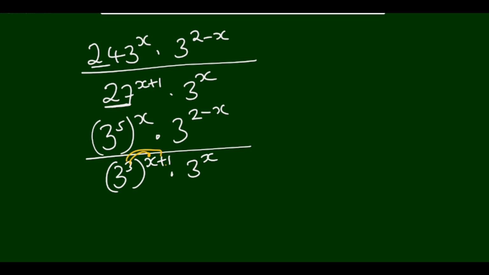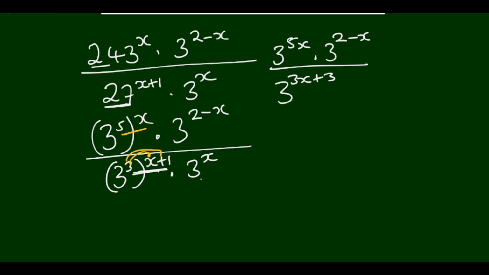So it becomes 3x plus 3. Right? This one becomes 3 to the power 5x there. So what we have? We have 3 to the power 5x times 3 to the power 2 minus x over 3 to the power 3x plus 3, like that, okay? And then this one is still 3 to the power x, right?